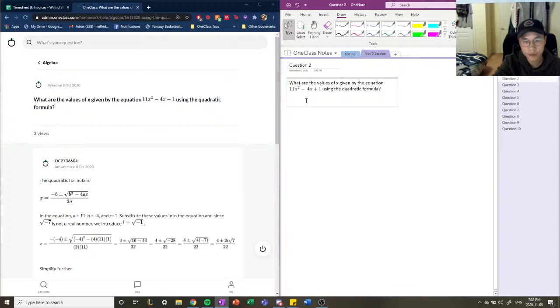But sometimes you have to use the quadratic formula because it's not factorable or it's not easily recognizable what the solution is. So let me write out what the quadratic formula looks like.